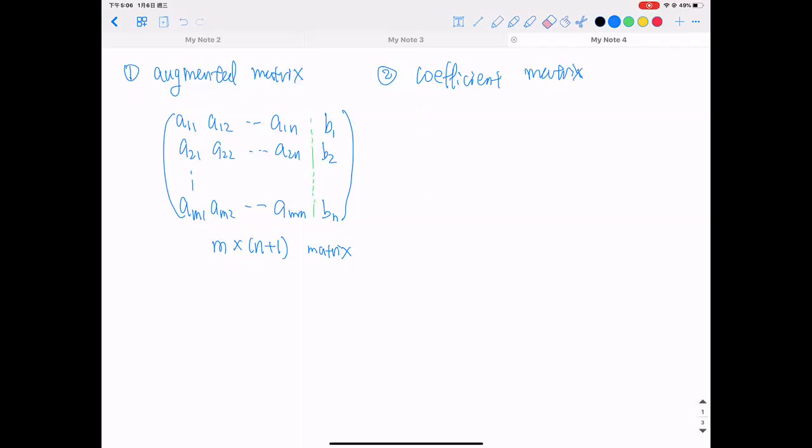It's just this augmented matrix without the last column. So a11, a12, a1n, a21, a22, a2n, am1, am2, amn. Now this one is an m by n matrix.